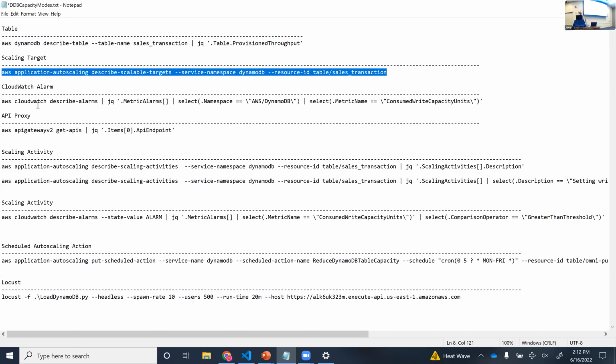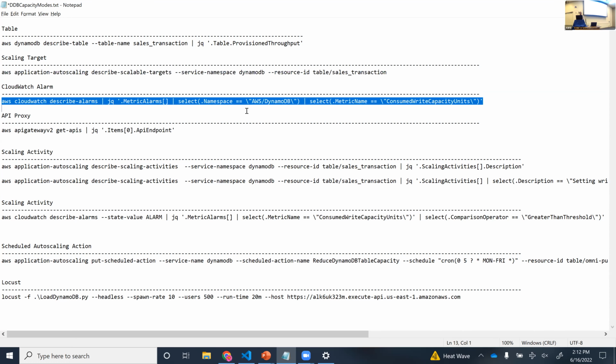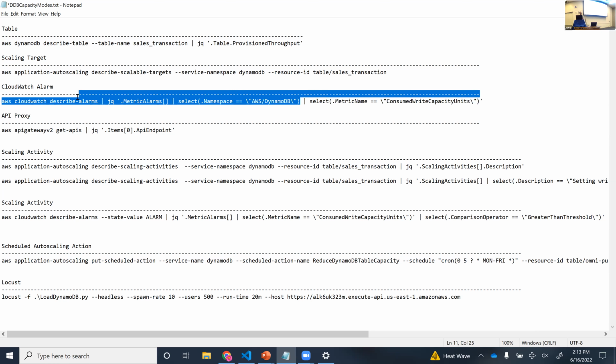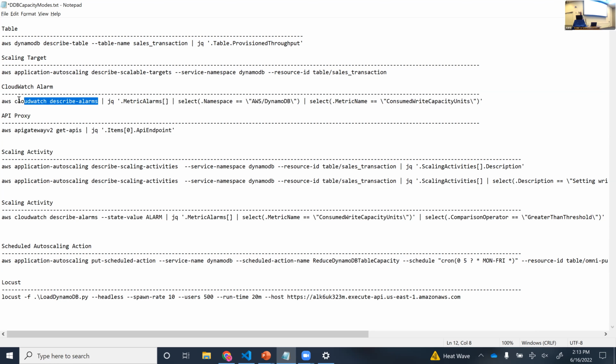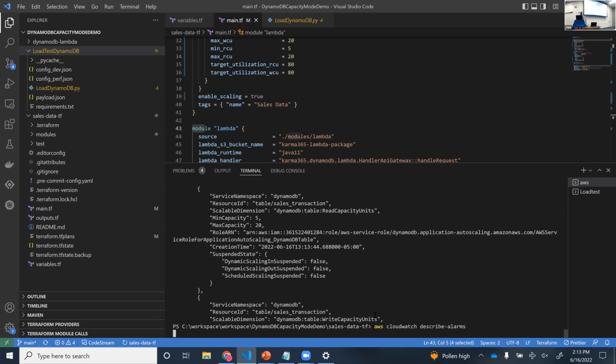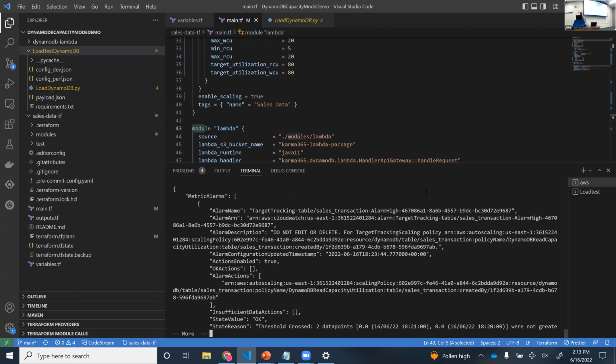And then it also creates these CloudWatch alarms. I'm going to look at one of the alarms. Feel free to ask any question.